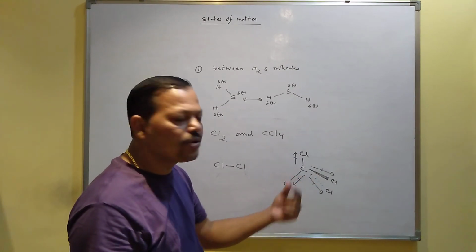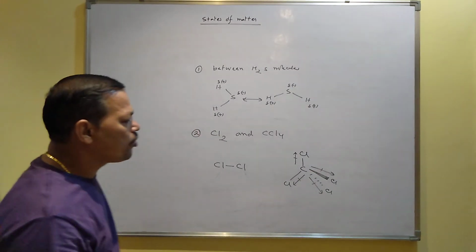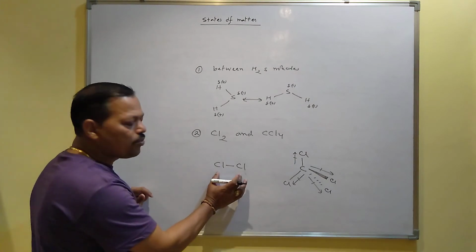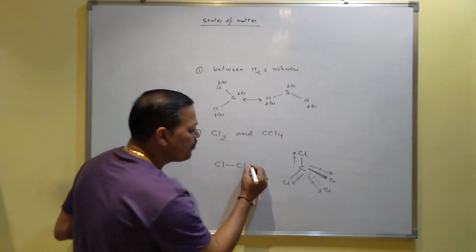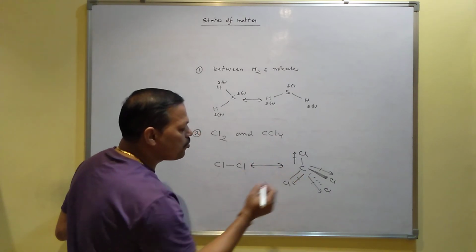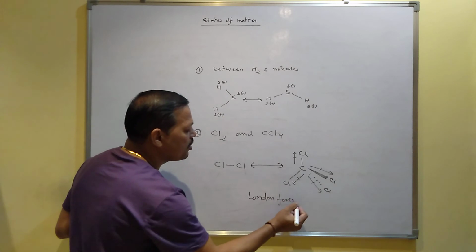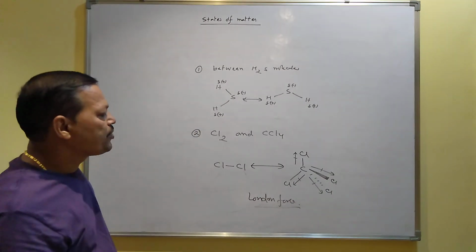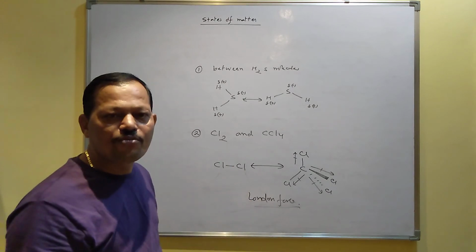I mean the dipole moment of the molecule is zero, and ultimately the molecule is non-polar. So this is one non-polar molecule, and that is also a non-polar molecule. Between non-polar and non-polar molecules, what force exists? London force or dispersion force. Ultimately, the force of attraction between chlorine and carbon tetrachloride molecules is London force.